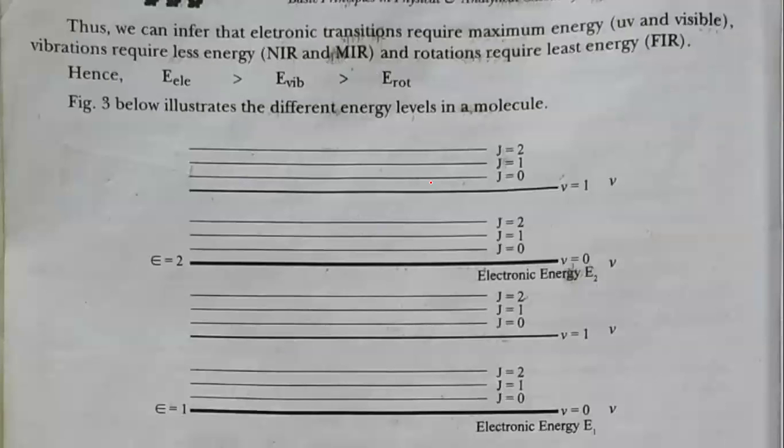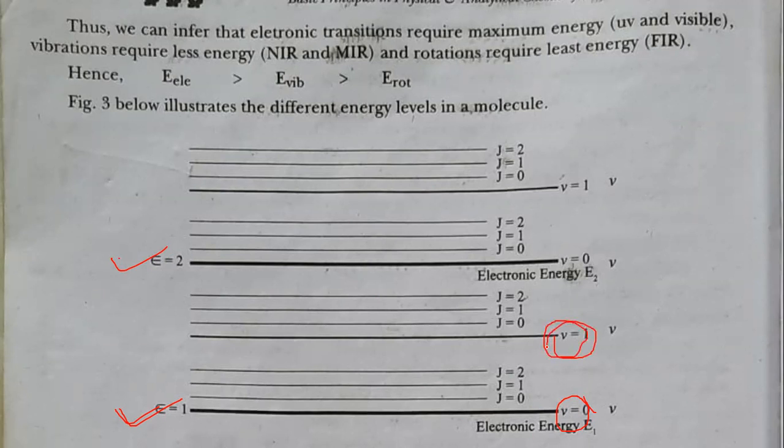Now this is more detail regarding the energy levels. On this side, these are the electronic energy levels. Within the electronic energy levels, there are vibrational energy levels. In between E1 and E2, there are the vibrational energy levels V0, V1.